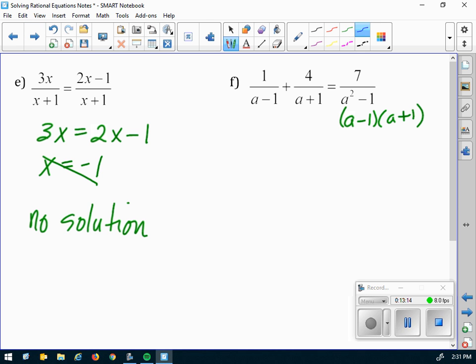What does my first fraction, back up. What's my common denominator? A minus 1 times A plus 1, good. So what's my first fraction need? A plus 1, good. Second fraction needs A minus 1.